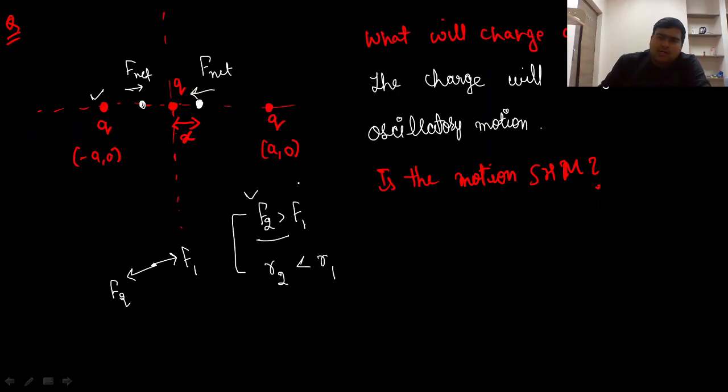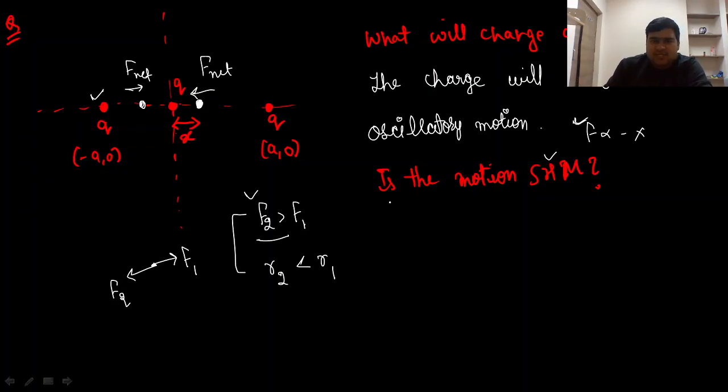You can't directly answer this, because the condition for SHM is that F should be proportional to minus x, and we don't know that yet. So we will calculate this.